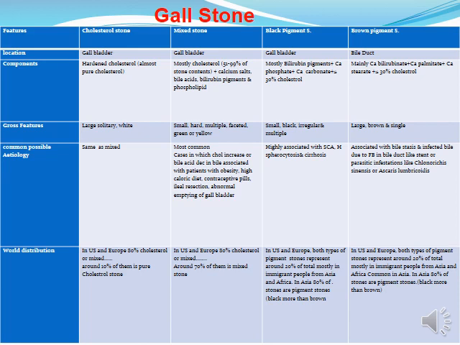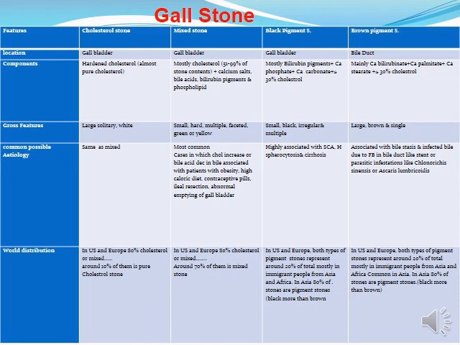World distribution for black pigment stone in US and Europe: both types of pigment stone represent around 20% of total, mostly in immigrant people from Asia and Africa. In Asia, 80% of stones are pigment stone, black more than brown.